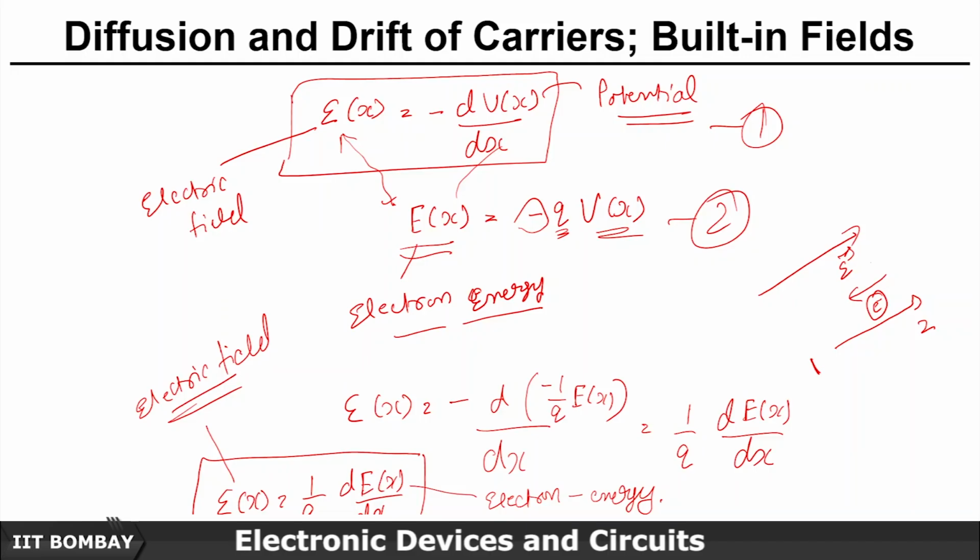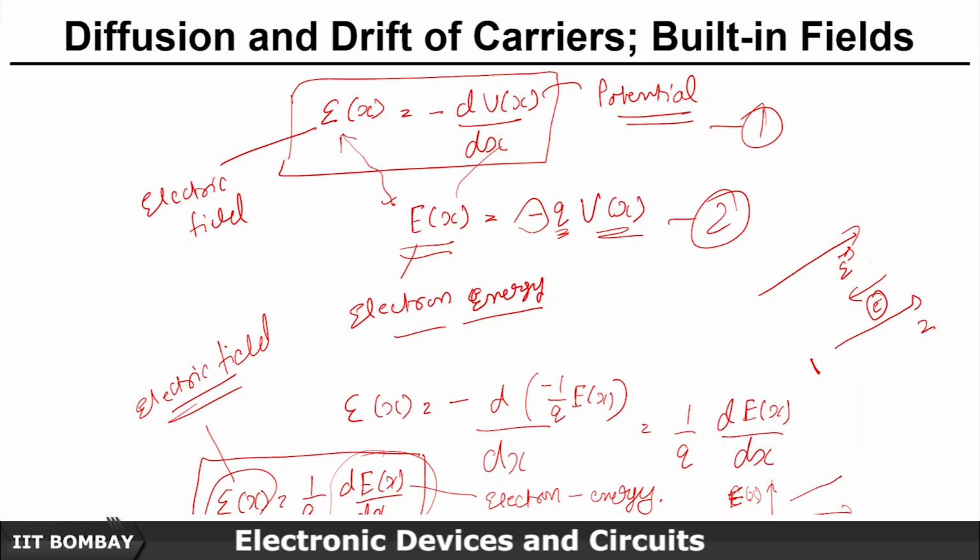So what can we conclude from this expression? Let's just talk in terms of maths. This derivative will be positive if Ex is positive. Let's assume x is in whatever direction you choose to be the positive direction. So if this is the electron energy with respect to x, and it is increasing in this direction with respect to x, the derivative would be positive.